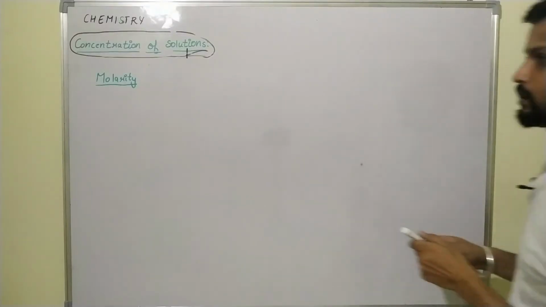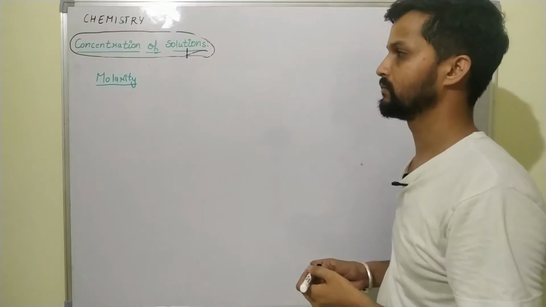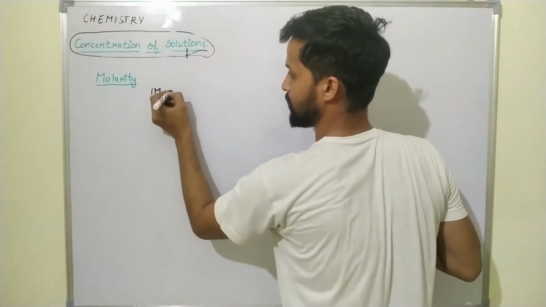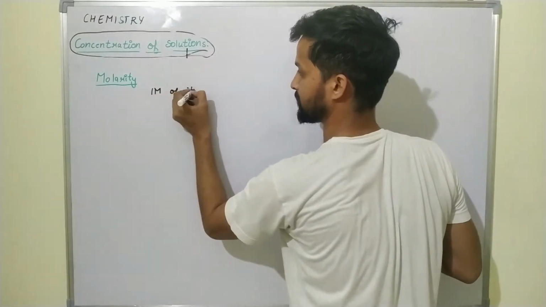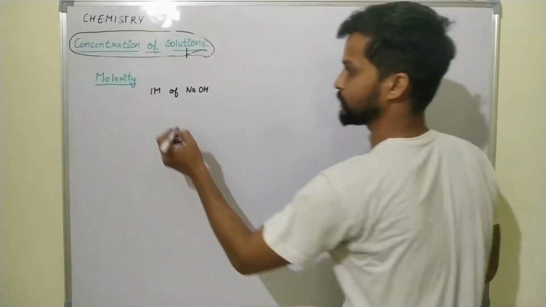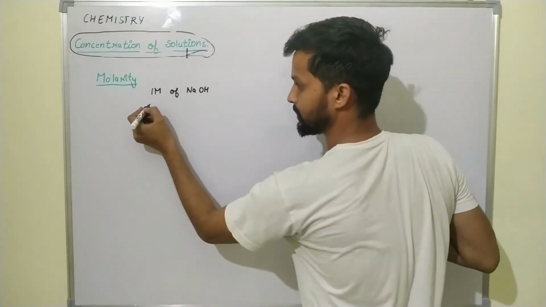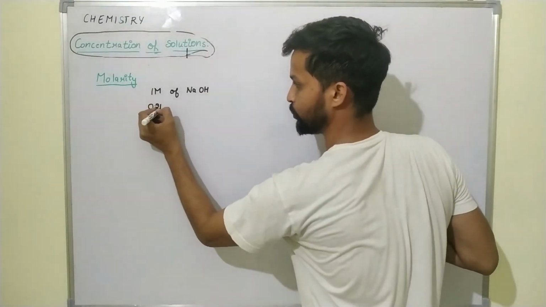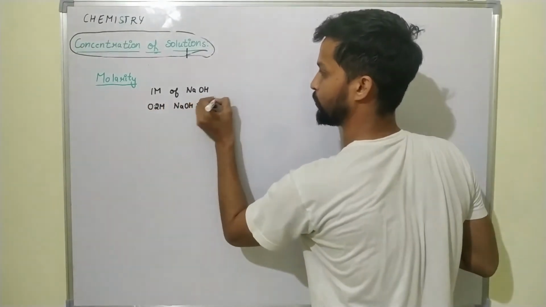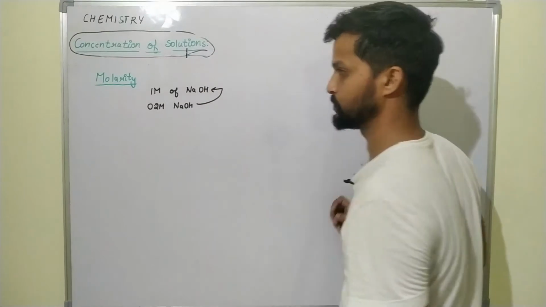Students, now we are going to move to our numericals. Here suppose they will give you 1 molar NaOH, and the question is you have to prepare 0.2 molar NaOH from this solution. Clear?